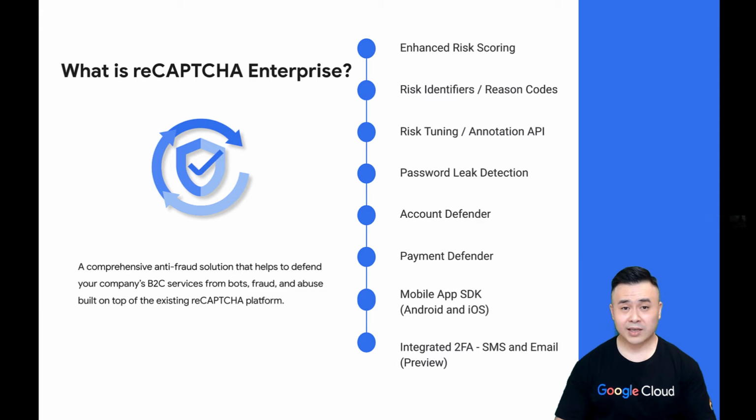And you can leverage the annotation API to tune the risks. It also comes with password leak protection, account defender, payment defender, native mobile application SDK for both Android and iOS. And also, in public preview, we have integrated second-factor authentication from email and SMS.